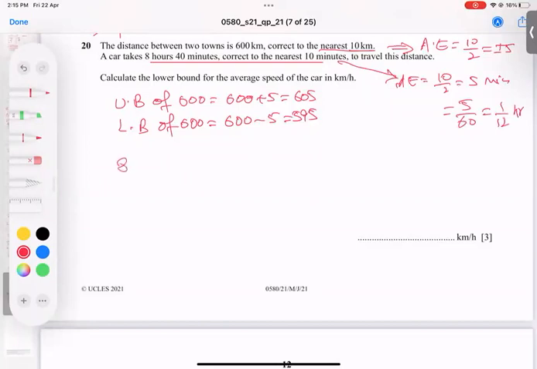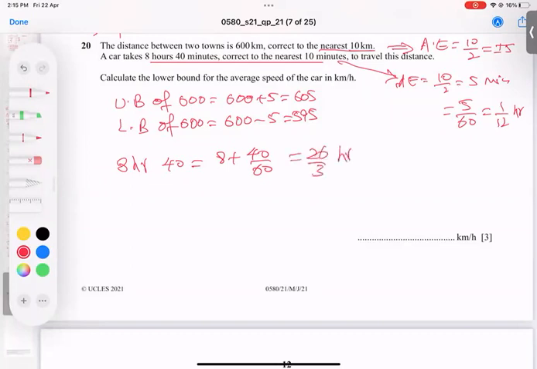Now what is 8 hours 40 minutes? You know how to convert 8 hours 40 minutes. So 40 minutes, actually 8 plus 40 over 60. If I check it, 8 plus 40 divided by 60 gives me 26 by 3 hours.